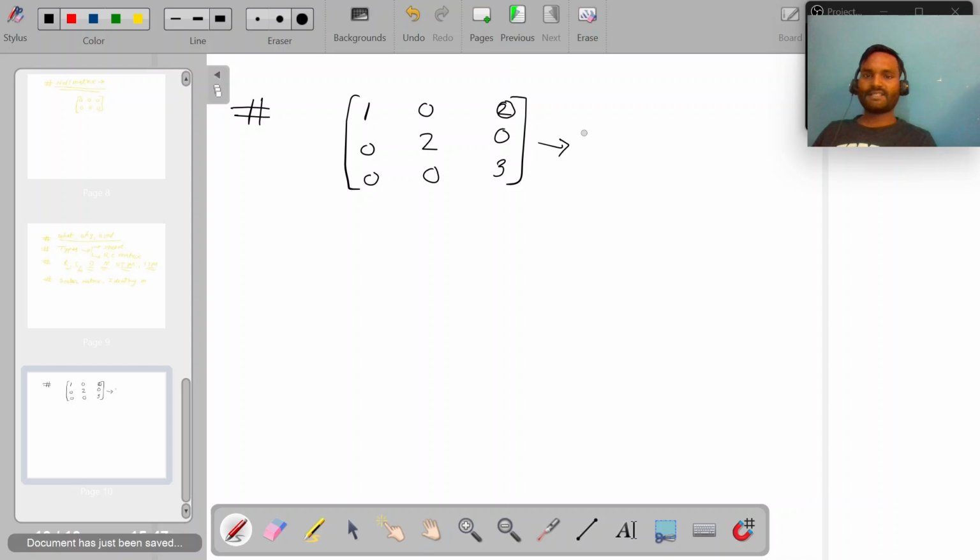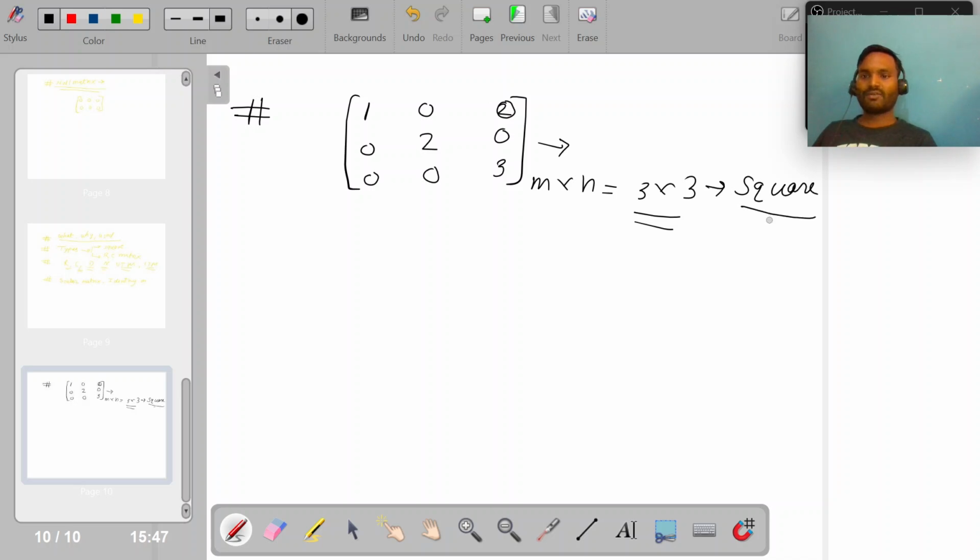First, the matrix type is square because m cross n, so this is a 3 cross 3 matrix. The second thing is the diagonal elements, right?